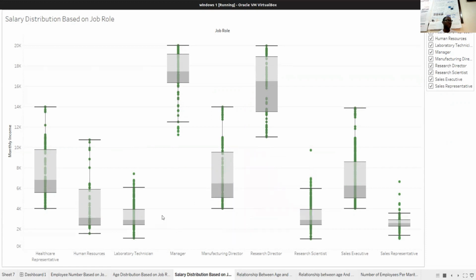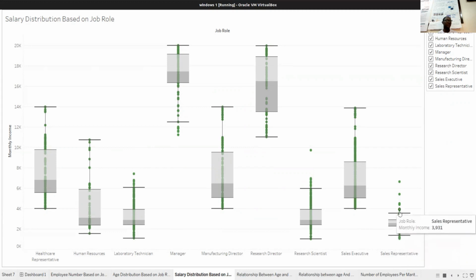Next, I wanted to understand the salary distribution, the monthly income, again based on the job roles. Immediately we can see that the smallest salary earners are the sales group, where the median salary is about 2.6K.